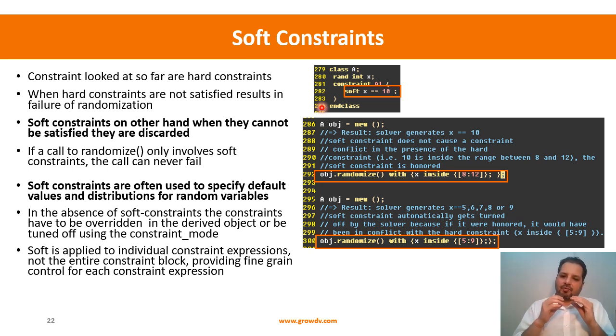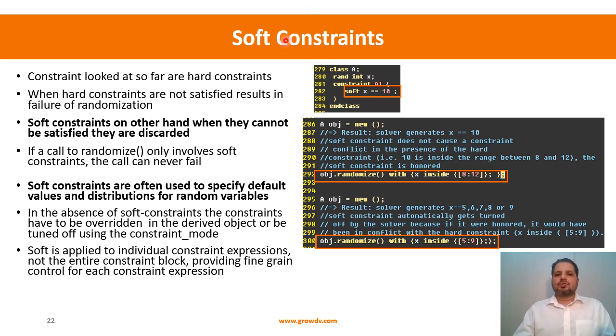Additive meaning whatever is the existing constraint within the class, along with that the inline constraint adds the additional constraint. And now this additional constraint, where I want a specific value of 12, is in conflict with the default constraint that I have specified, wherein the range of values is between 1 to 10, and hence the constraint solver will fail.